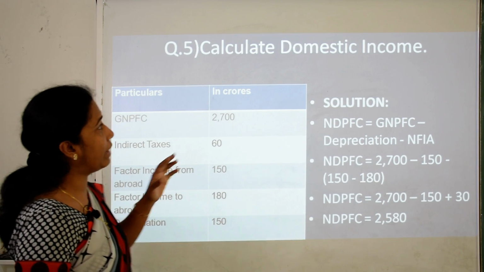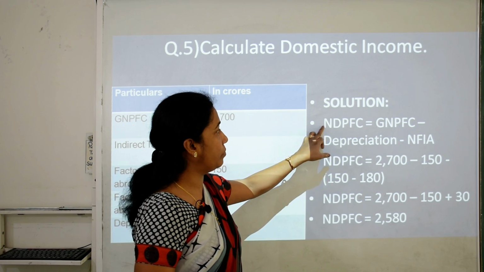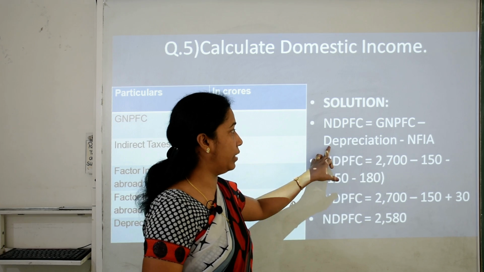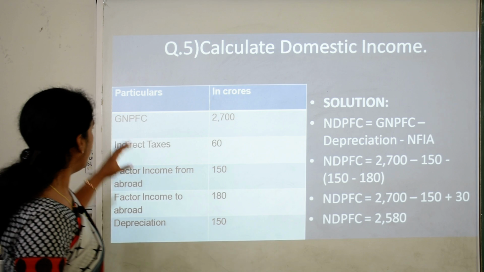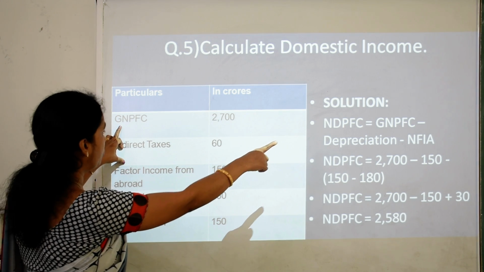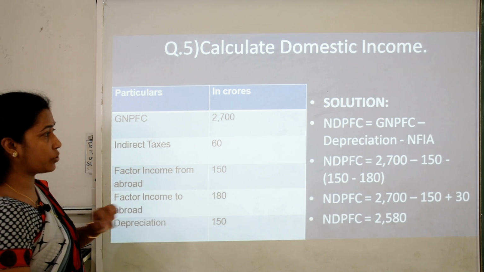Now the next question is calculating domestic income. When you need to calculate domestic income, that is NDP at factor cost, the formula is GNP at factor cost minus depreciation minus net factor income from abroad. Here GNP at factor cost is given according to the formula, and depreciation is also given.